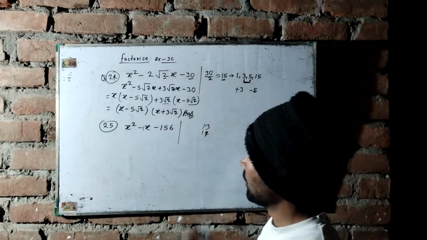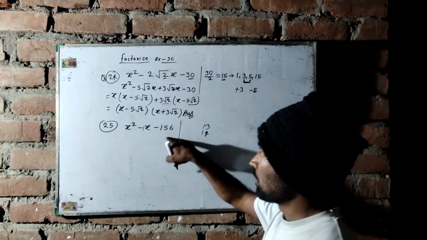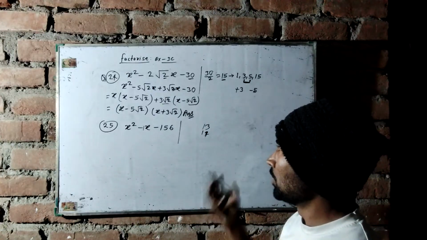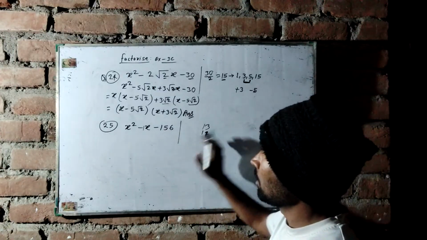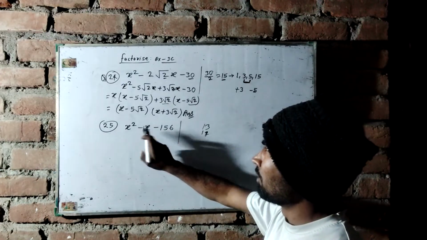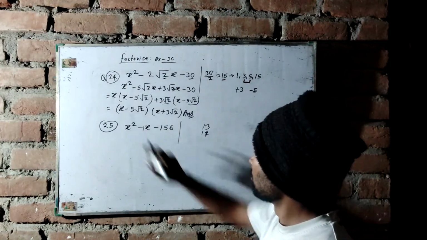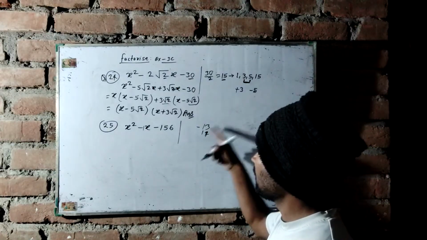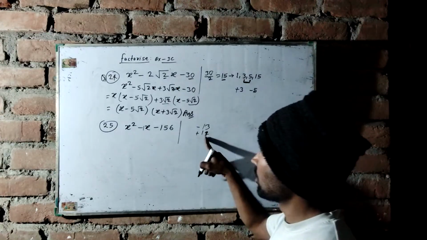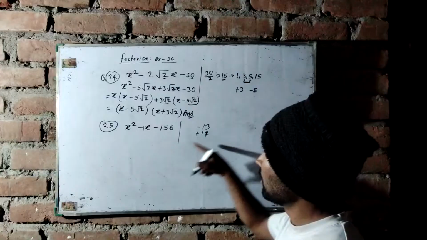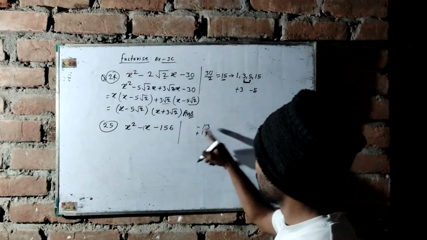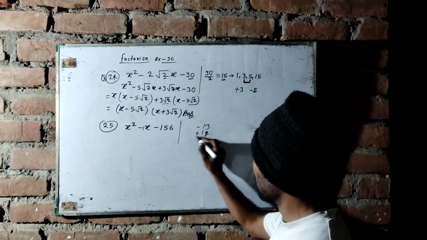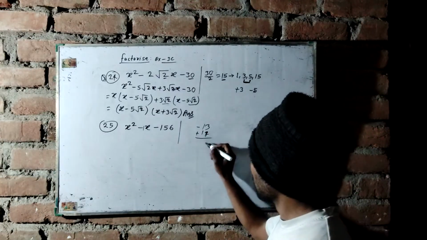To get minus 156, we need to take minus sign with the greater number because we need minus 1. So we take minus sign with this number and plus sign with this number, because their sum will be minus 1 and their product will be minus 156. Let me check it.